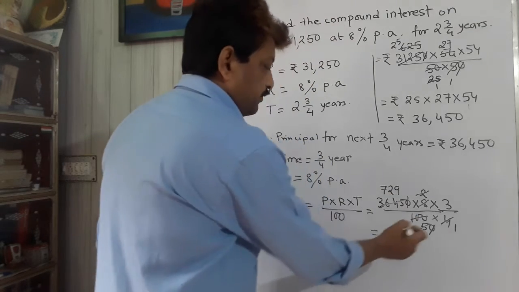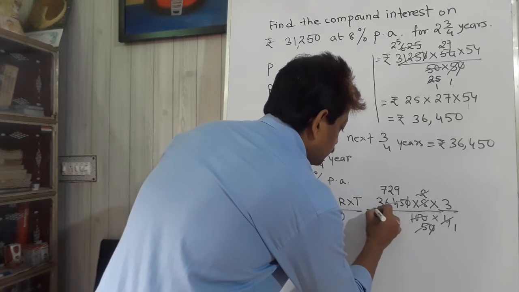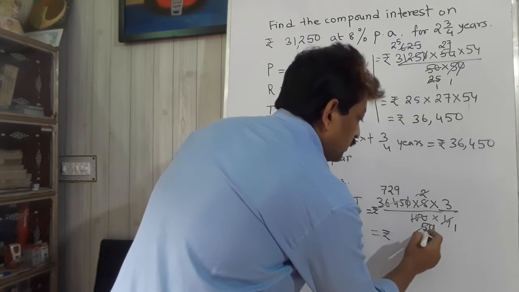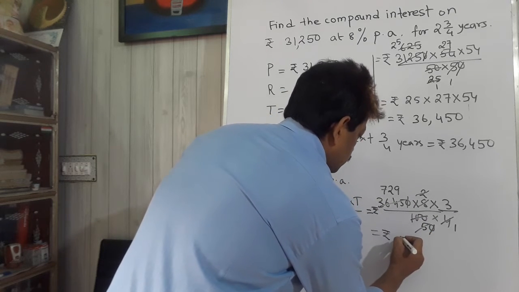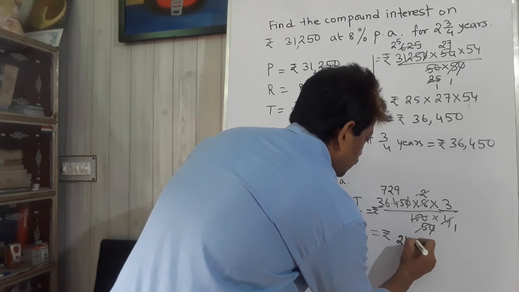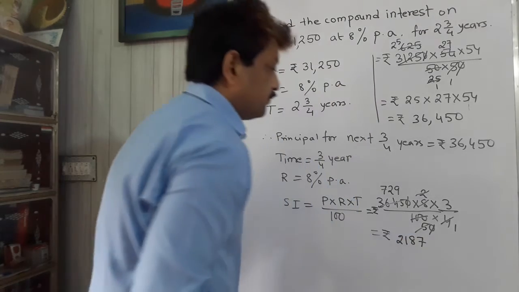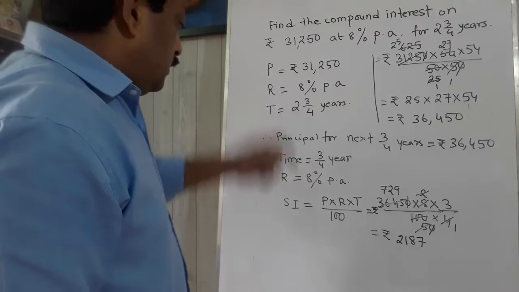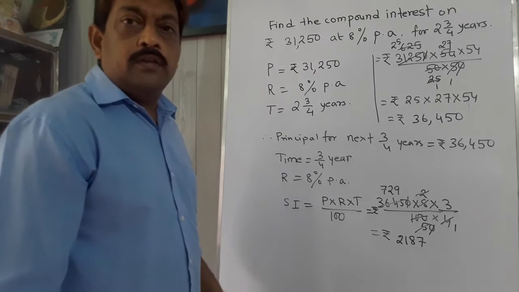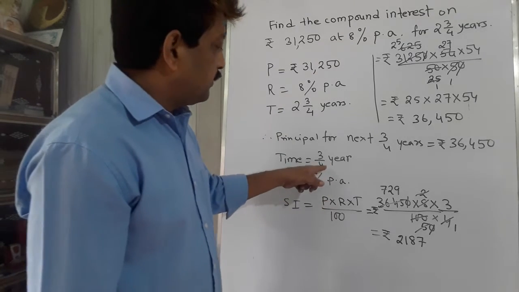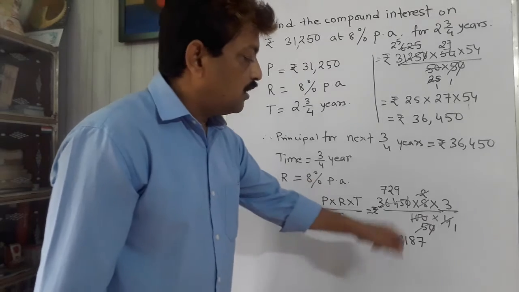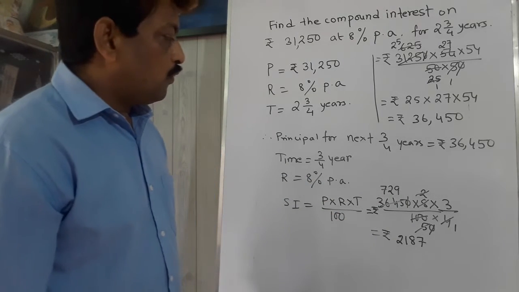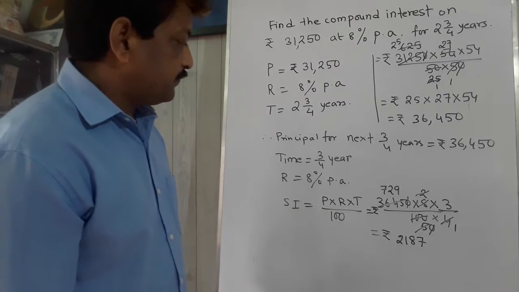So it is 729 multiplied with 3. So it is 2187. Therefore, the interest on the next 3 by 4 years is rupees 2187.